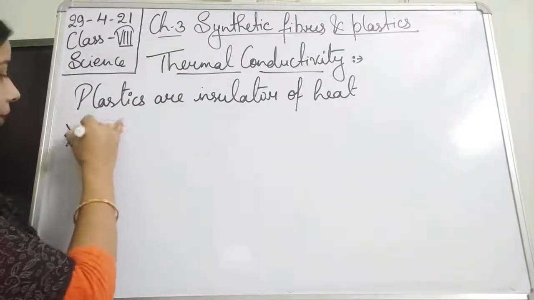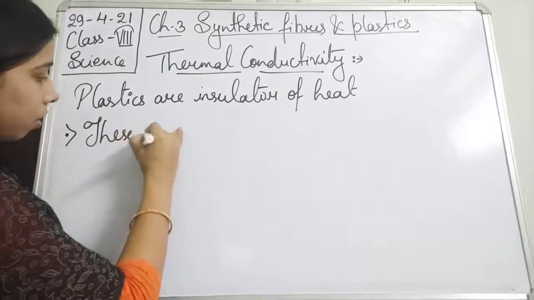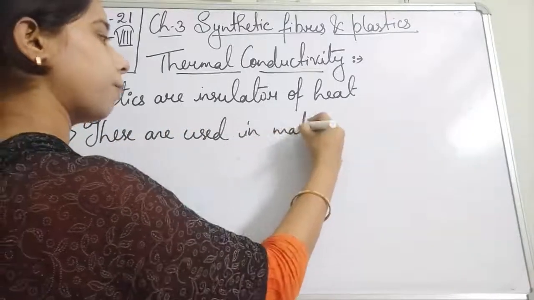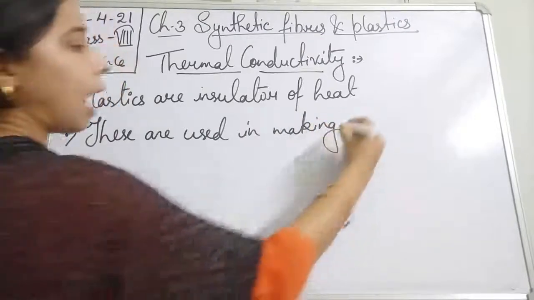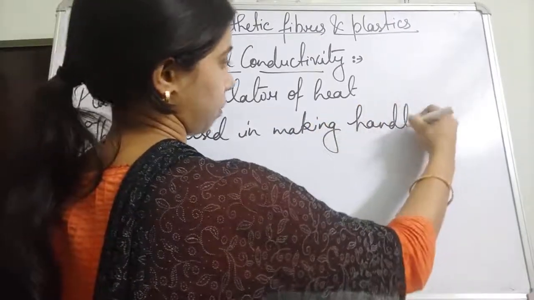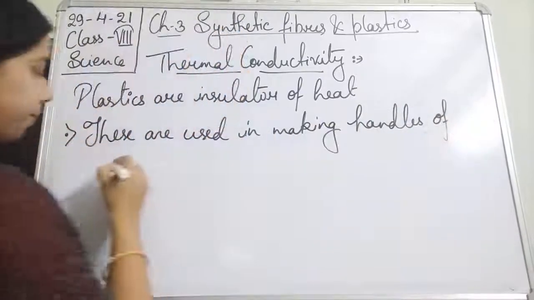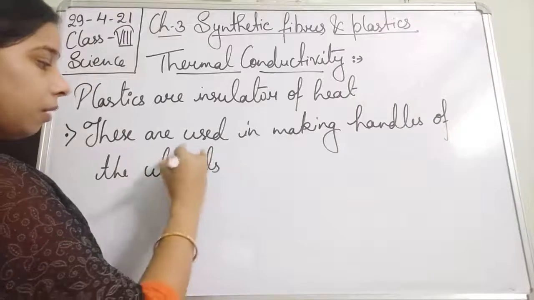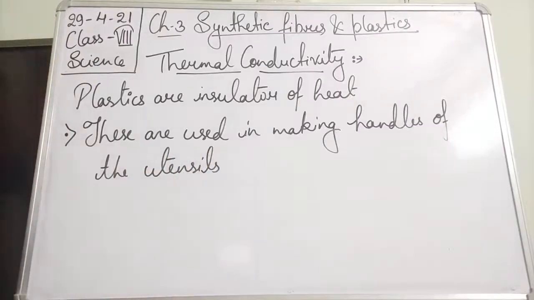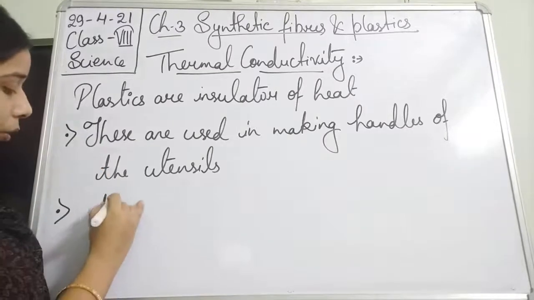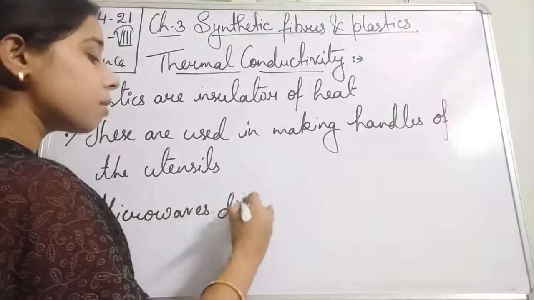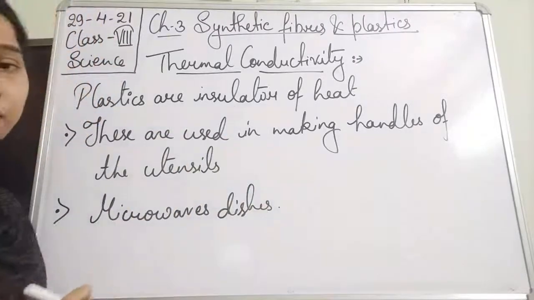Thus, these are used in making handles of the utensils. That is why it is used in making handles of the utensils, as well as in making microwave dishes. Okay. So this is all about thermal conductivity.